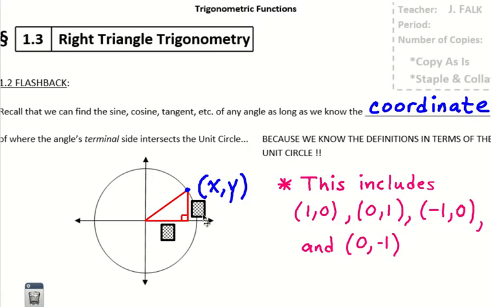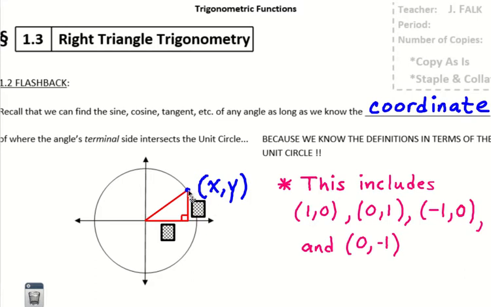Okay, and I'll point this out. I can't help but point out that in this little picture we have here of the unit circle, it looks like I've drawn a right triangle. So section 1.3, as we now start to get into the new stuff, is going to be about right triangles.